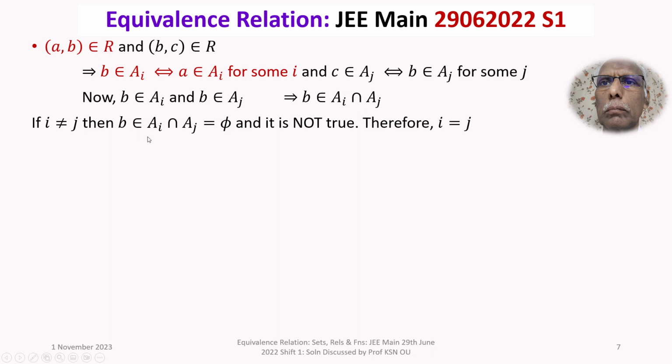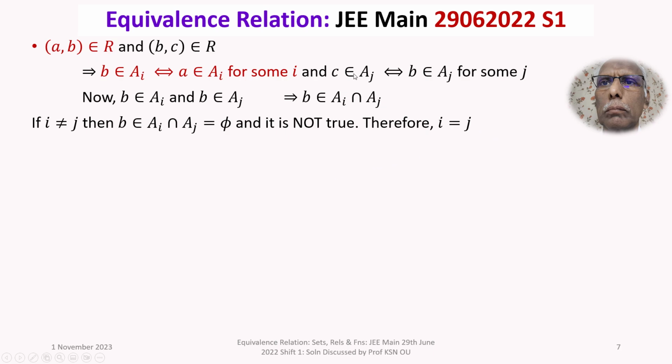Then B belongs to the empty set. How come? This is not true. Phi is the empty set, the empty set has no elements, and B belongs to the empty set is not possible. Therefore, I not equal to J, what you have taken, is not true. Therefore, I is equal to J.